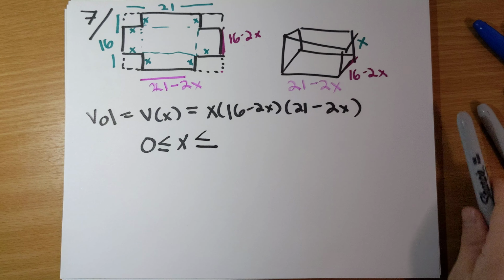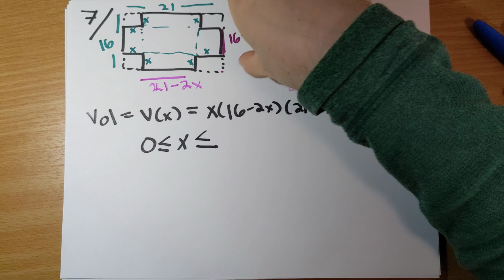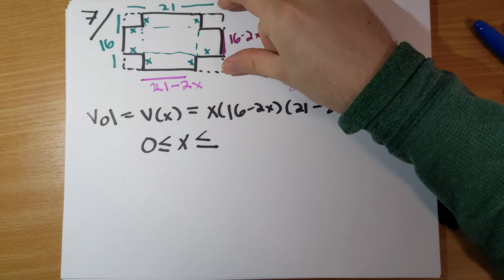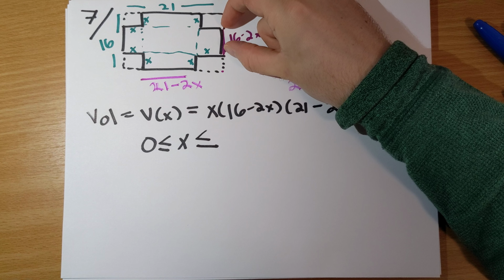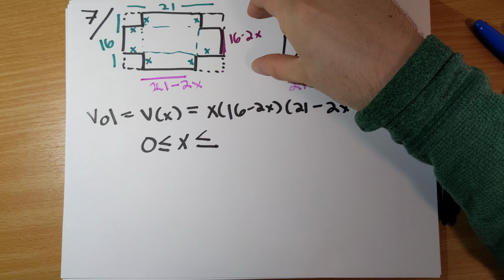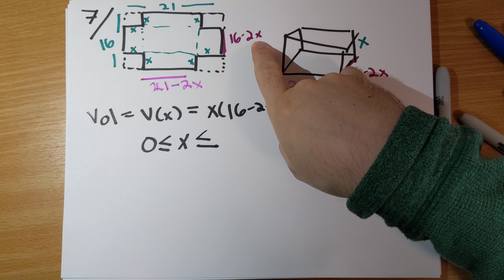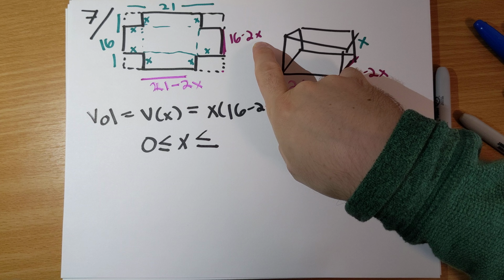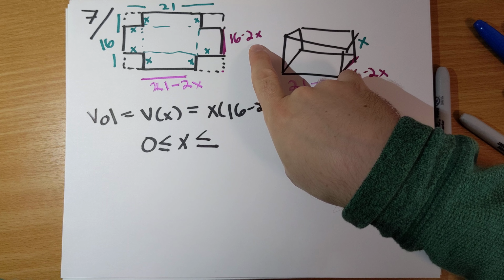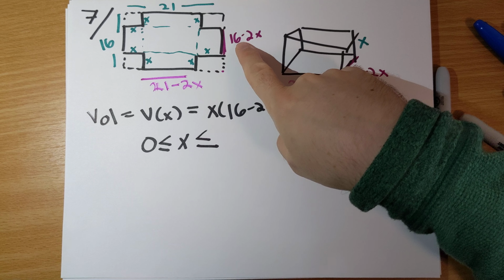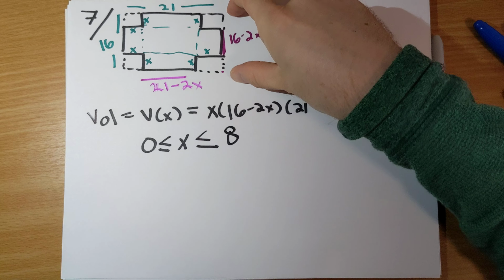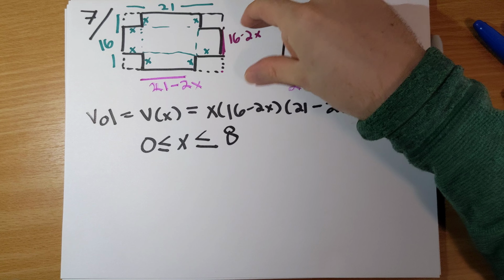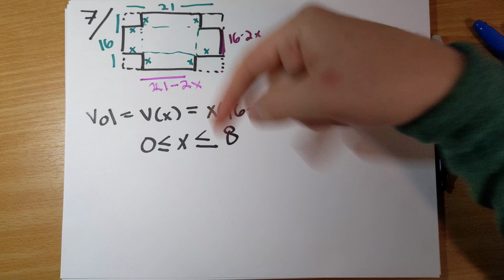What's the biggest x can be here? Well, if we make x too big, then we cut out the entire side here, and there's nothing left. So how big would be too big? We want 16 minus 2x to be non-negative, which means x can be at most 8. If x is bigger than 8, then the squares that we're cutting out are overlapping.